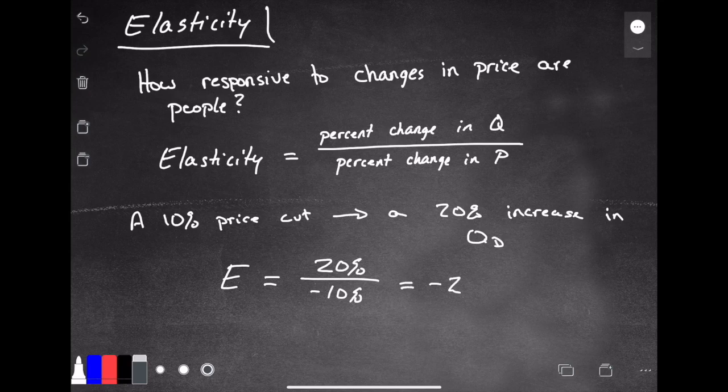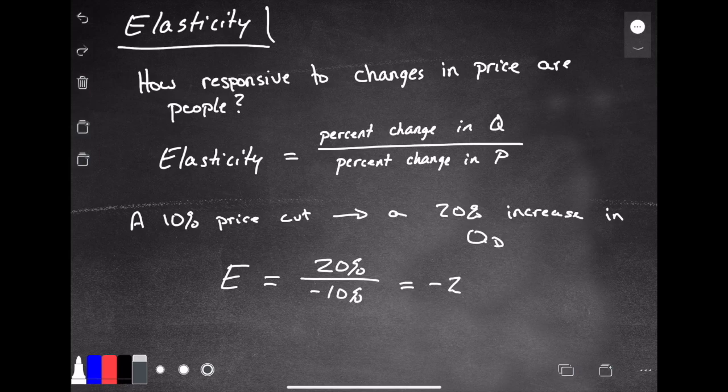Now, for the most part, economists will usually ignore the negative sign here, not because it's not accurate, but because when we're talking about the elasticity of demand with respect to price, we all know the negative sign exists, and so we might just call this 2.